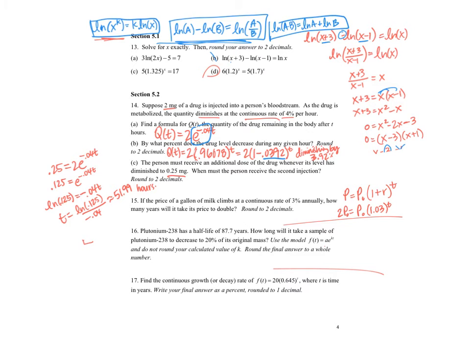And I want to solve for t here. First of all, I'll divide both sides by P naught. So I'm going to get 2 equals 1.03 to the t. And then I can take the natural log of both sides. When I take the natural log, that power of t can come down by this property up here. And then I can divide by the natural log of 1.03.